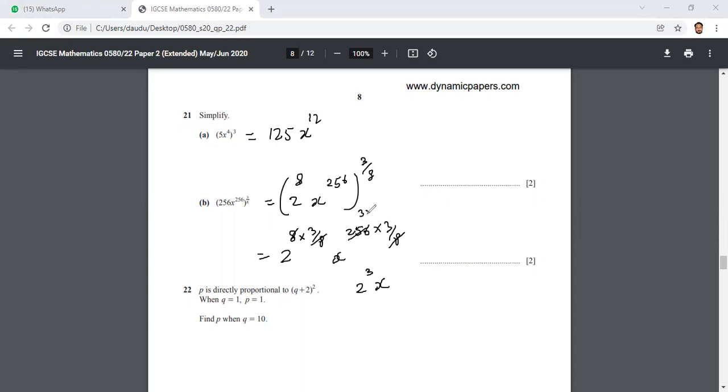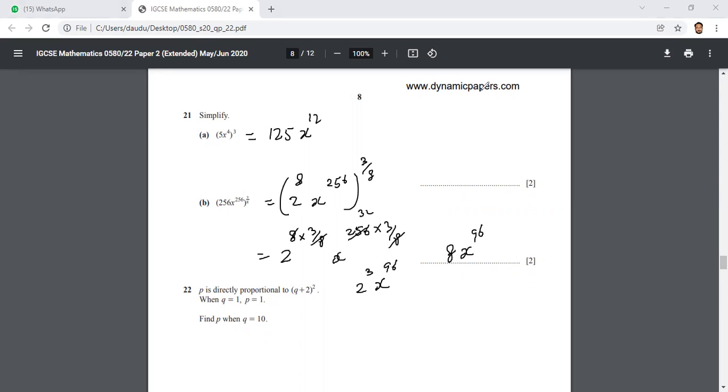So the 8 cancels, and then 32 multiplied by 3 gives me 96. So our answer is 2 cubed, which is 8, x to the power 96. I hope you get it.